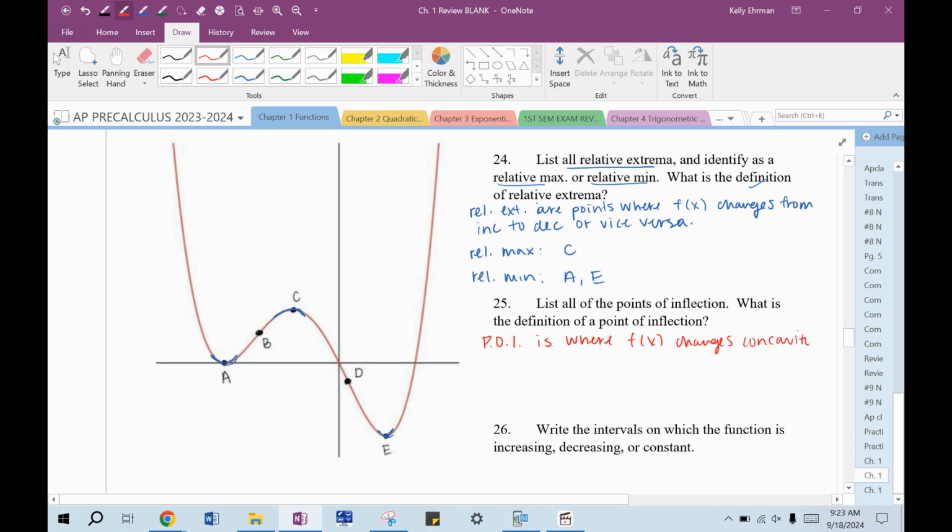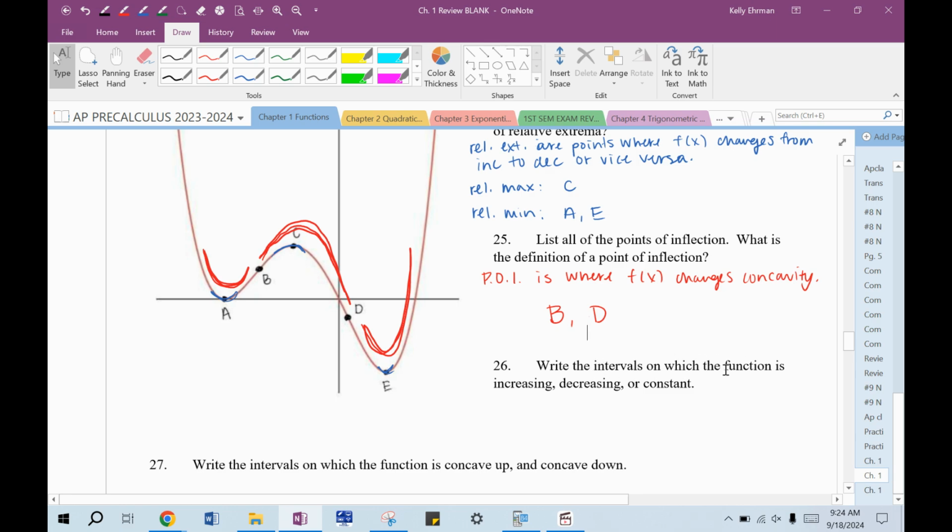On your quiz, if you did not get this right, some of you were saying it's the middle of the graph or something like that, but it's just where it changes from concave up to concave down or the other way around. So where does that happen? There are actually two places. The graph is concave up to begin with, then it switches to concave down here, and then it switches back to concave up. So there are 2 points of inflection. They're at B and D.